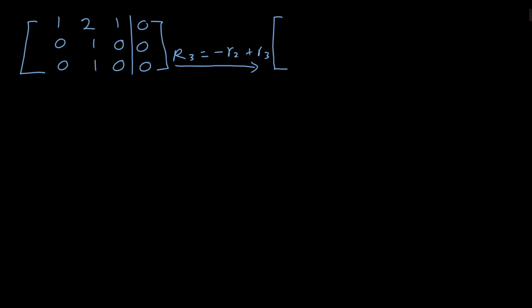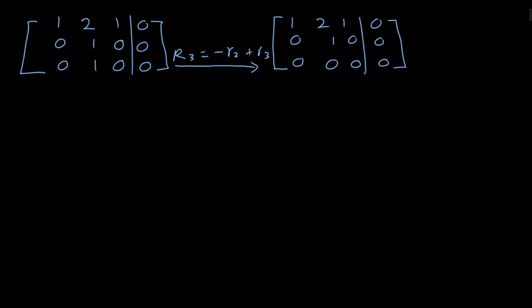Okay, so the first two rows remain the same, 1, 2, 1, 0, 1, 0. So we simply take the third row minus the second row. 0 minus 0 would be 0, 1 minus 1 would be 0, and the rest would be zeros.